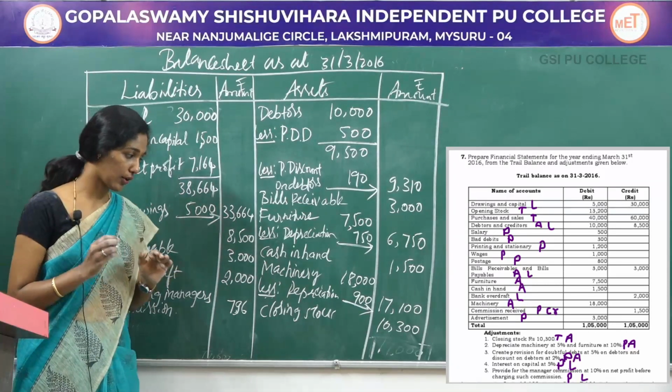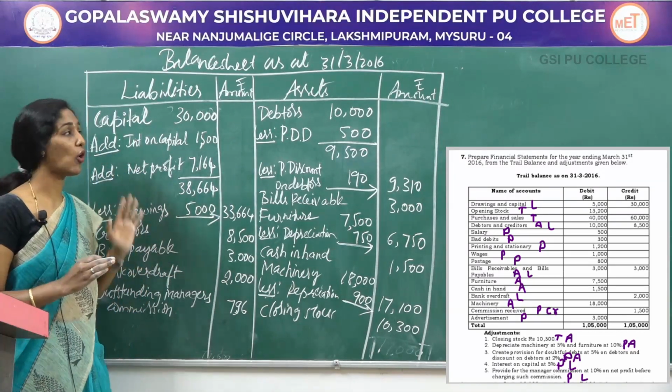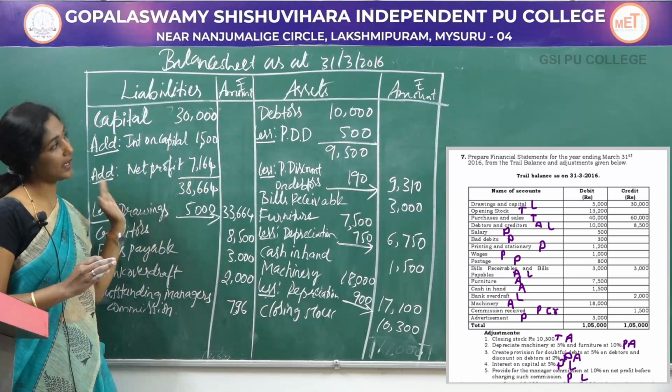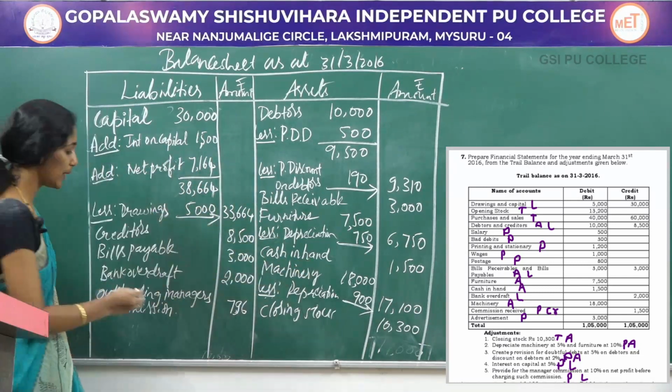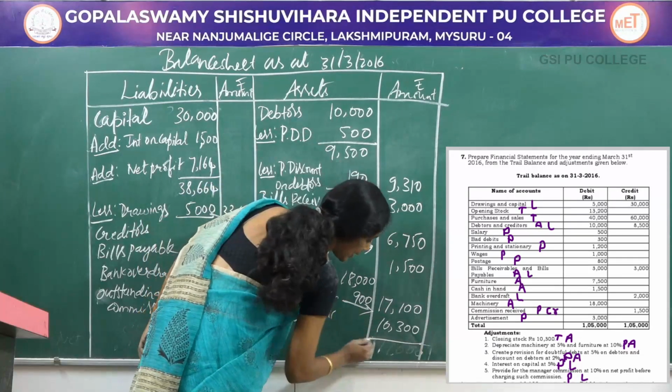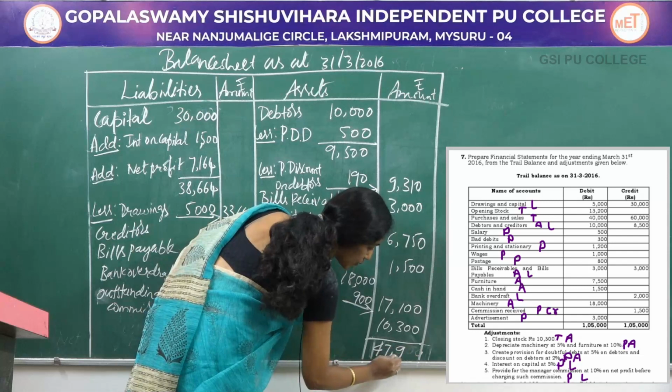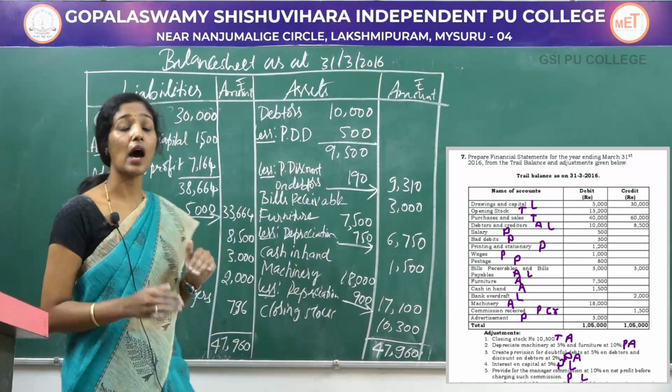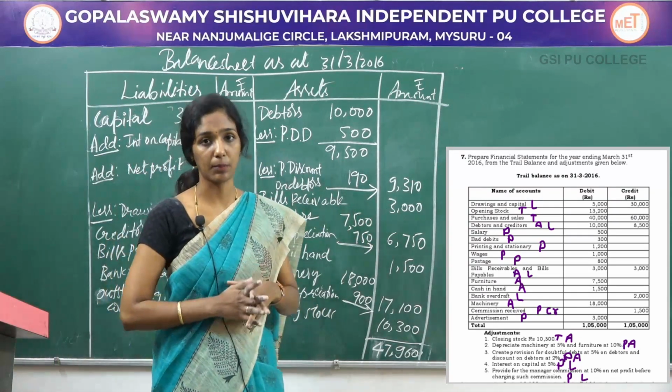So when you total, you have to get the same balance on both sides, on the liability side as well as the asset side. So when you make a total, you will get 47,960. On the credit side also, you will get 47,960. So this is how we prepare financial statements.